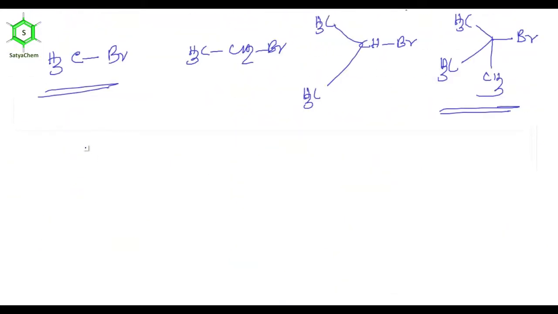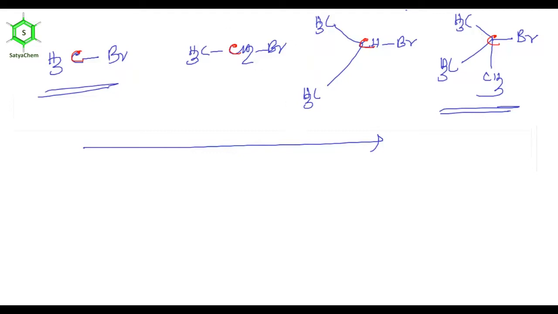So on moving left to right, the electrophilicity of the carbon bearing halogen decreases because of the enhanced plus I effect of the increasing number of methyl groups.